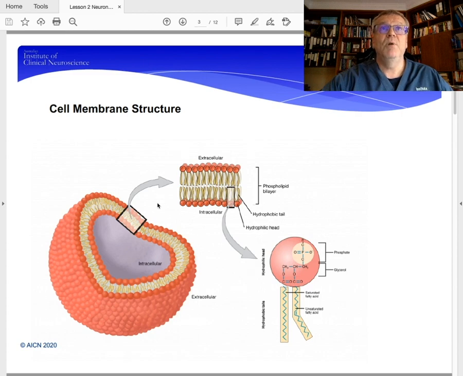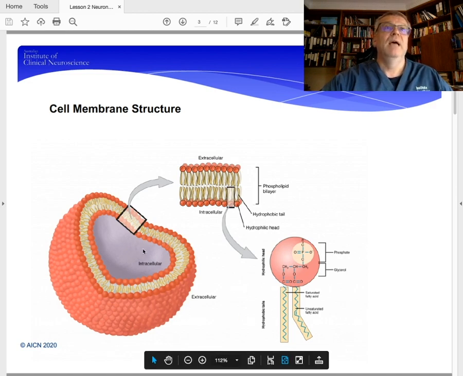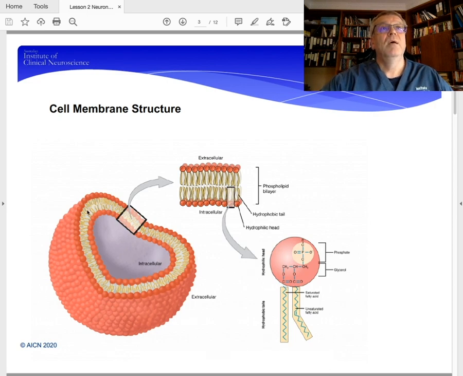So we have the cell membrane, which is separating the cell from extracellular events and intracellular events. And this lipid or phospholipid bilayer is very good at keeping a separation between the things that are inside the cell and the things that are outside the cell.